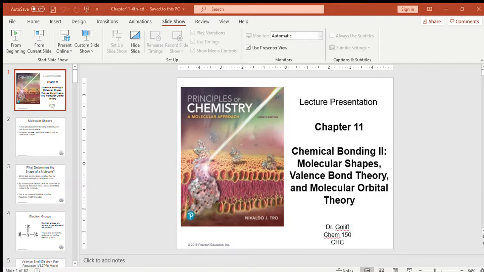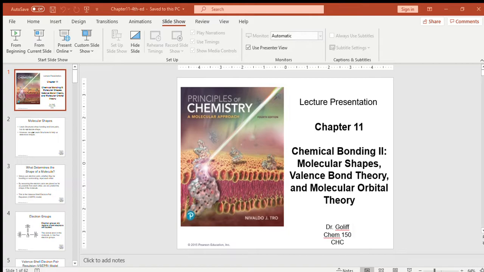Okay. So here's our 6 main types of shapes, depending on how many electron groups you have. Remember, these electron groups include the fact we have lone pairs as an electron group. Okay. So if we have 2 electron groups, we have a linear molecule, and our bond angle is 180 degrees.